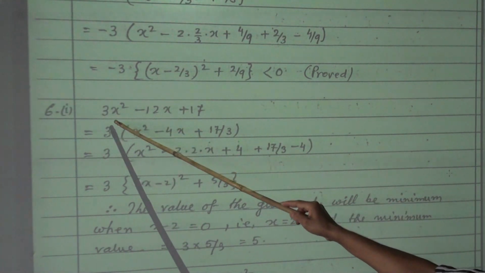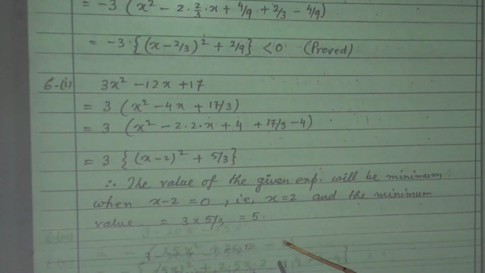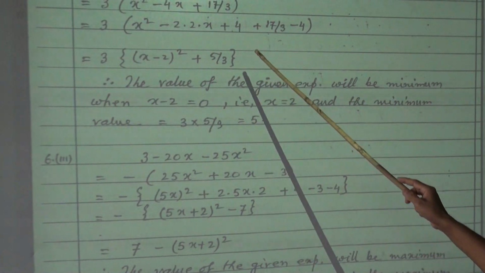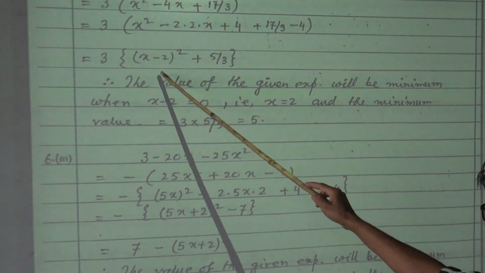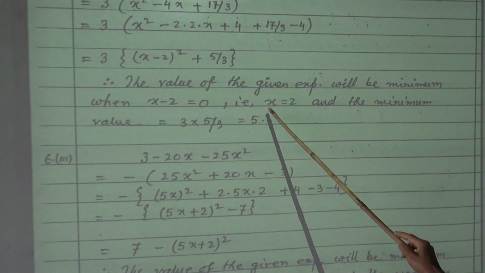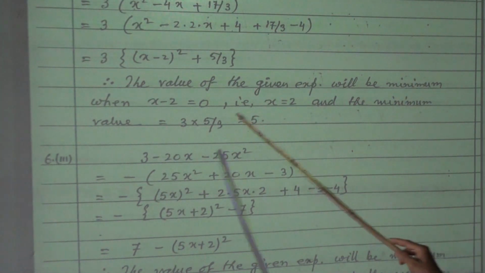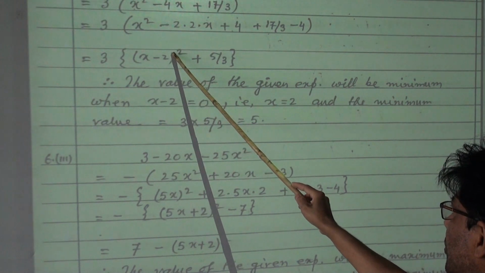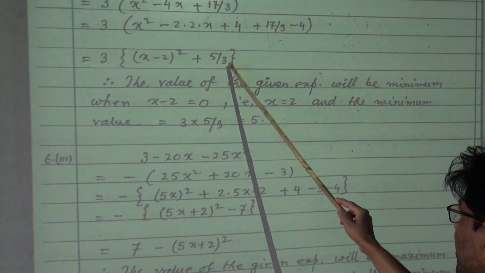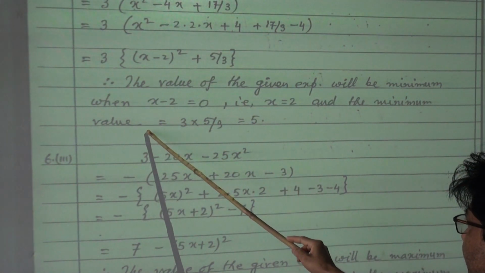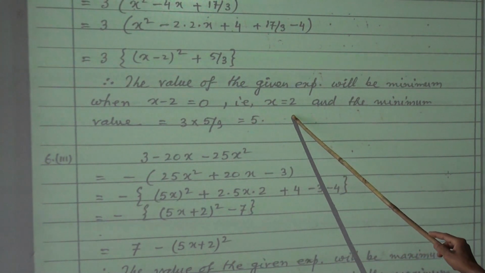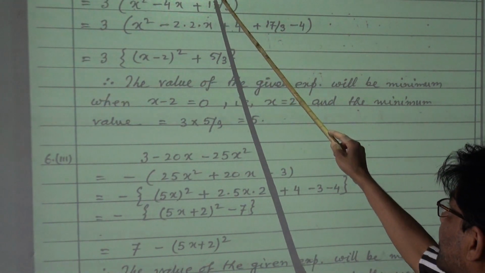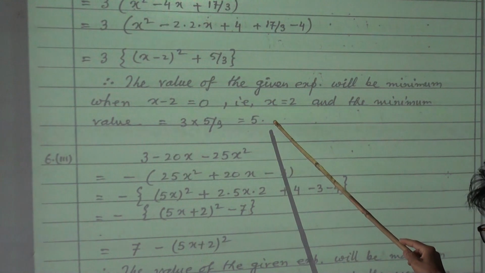So this expression's minimum value will occur when x is equal to 2, and for the minimum value, now replace x is equal to 2 here, this is coming 0, so you are getting 3 into 5 by 3, 3 and 3 cancel, only 5 remains, so the minimum value of this expression is coming 5. If the question is to find the minimum value of the expression, this is the method to find it.